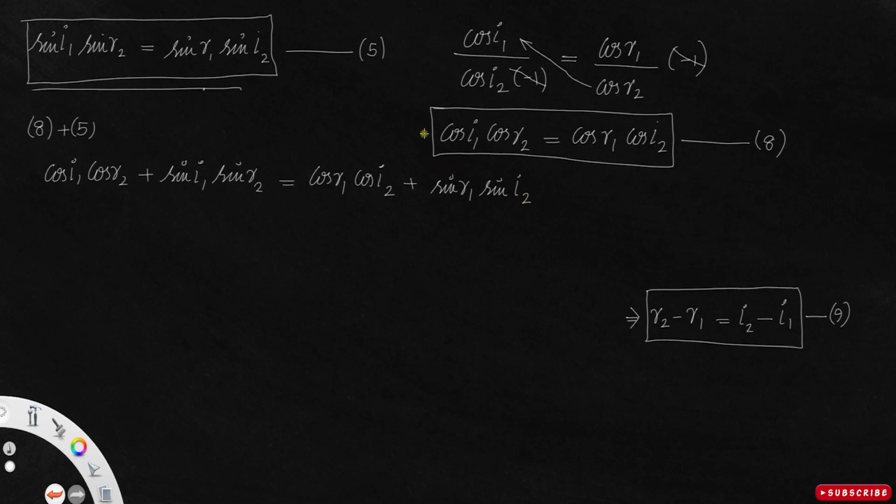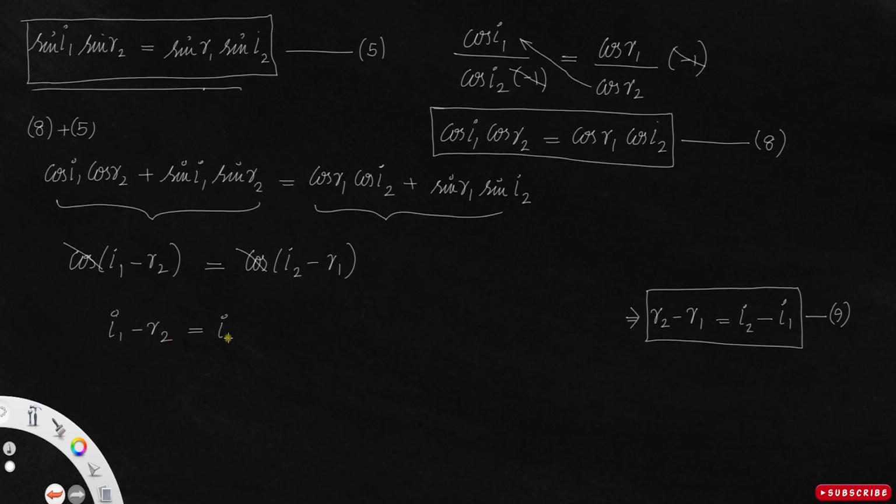You add the left hand side and the right hand side. So this is the expansion of cos of I1 minus R2. Here it will be cos of I2 minus R1. Clear? So here also you can remove the cos. So I1 minus R2 is equal to I2 minus R1, implies if you take the R to the right, I1 minus I2 is equal to R2 minus R1. Clear? This is equation number 10.